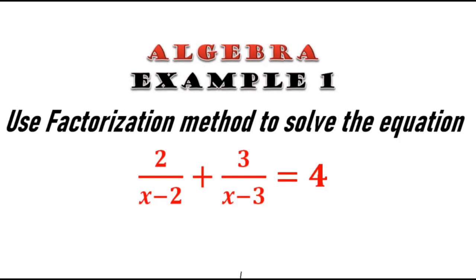Use the factorization method to solve the equation 2 over x minus 2 plus 3 over x minus 3 is equal to 4. Are we together?